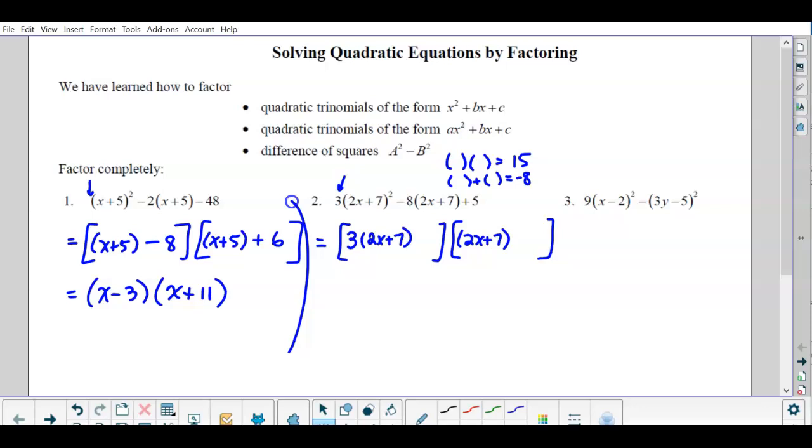And then to get my negative 5 and negative 3, this outside would have to be a minus 1 to get the negative 3, and the inside would have to be a minus 5. So then you can get rid of the little brackets inside, change the big ones to small ones.